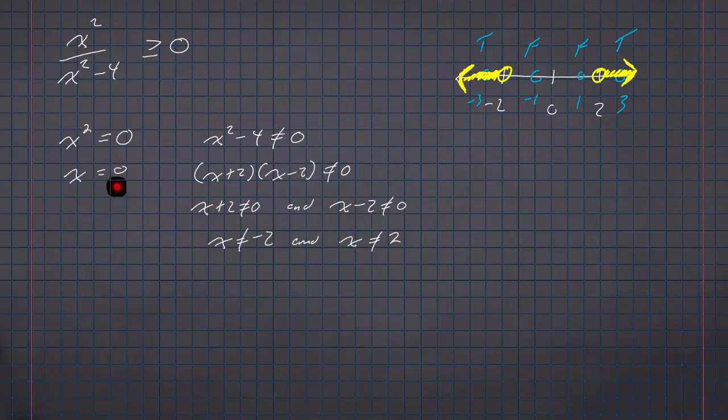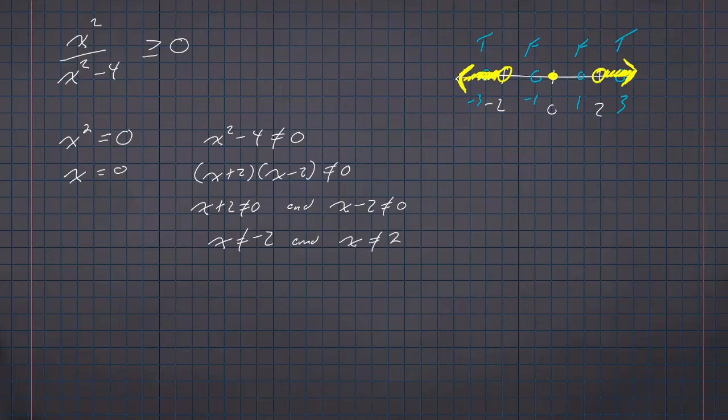But x equals 0 is a solution to the inequality. That's a place where this function is equal to 0. The left-hand side is equal to 0. And because we are looking at less than or equal to, that still satisfies the inequality, and we need to include that point. There are a couple of ways you can do that in interval notation.